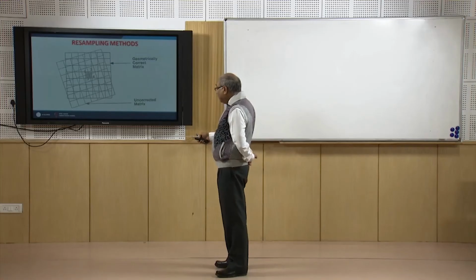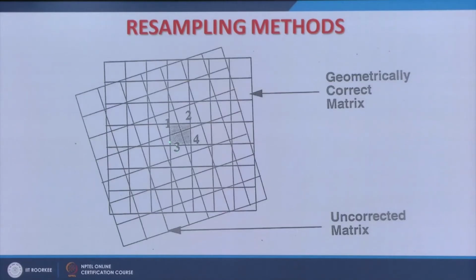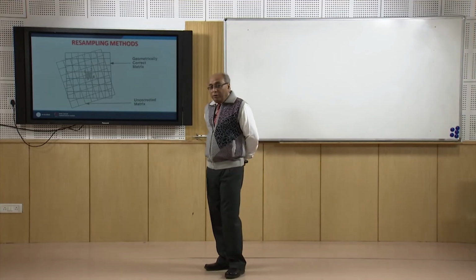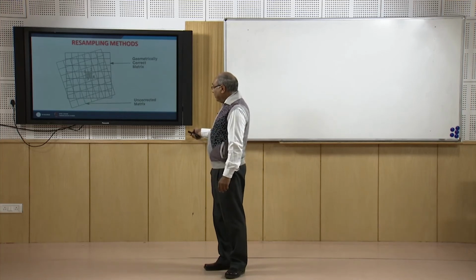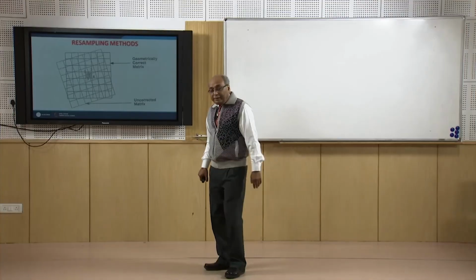What I will find is that pixel 3 on this uncorrected image or matrix is having maximum overlap on my target pixel, and therefore it will have the whole weightage. That means the pixel value that 3 is carrying, maybe 200, will be directly transferred to the shaded pixel of my corrected matrix.